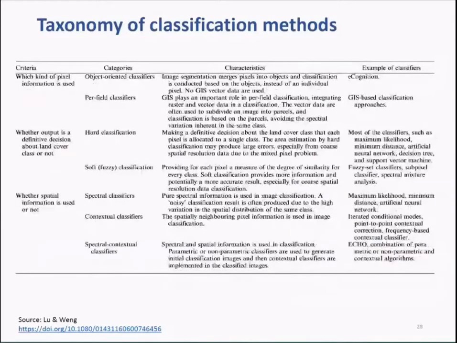The list goes on. So, for example, if your image is so detailed that you can see objects, okay, and you have the tools for picking out those objects, then you can use an object-oriented classifier.